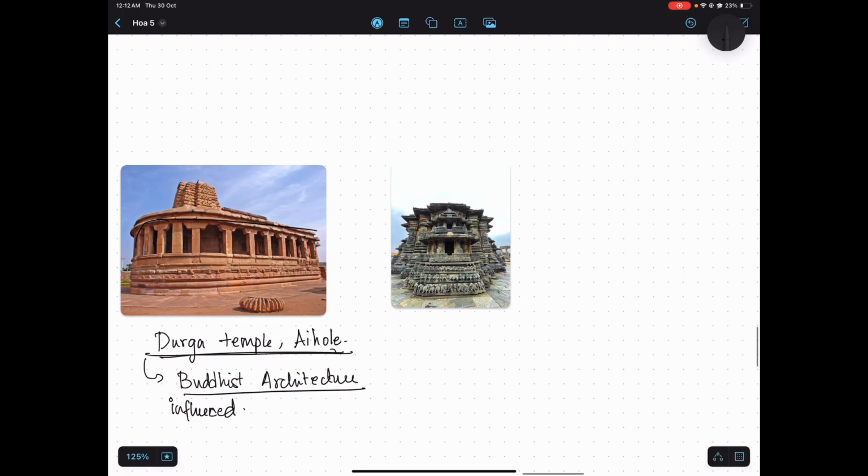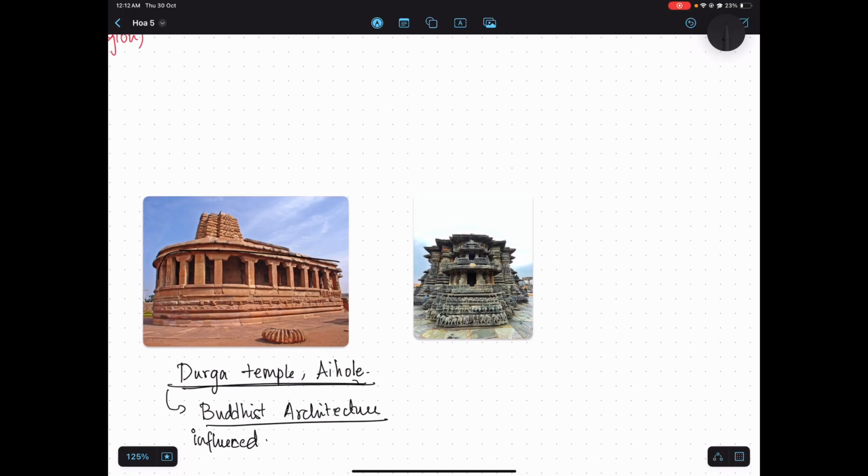Then came our Hoysalas, and they were famous for having star shaped plans. So they had something like this going on.